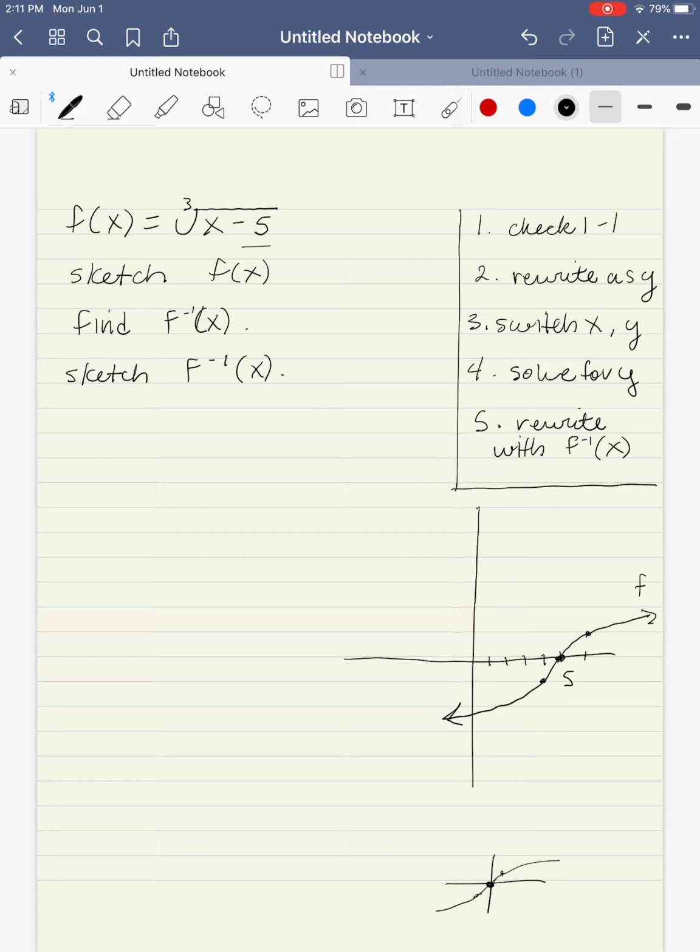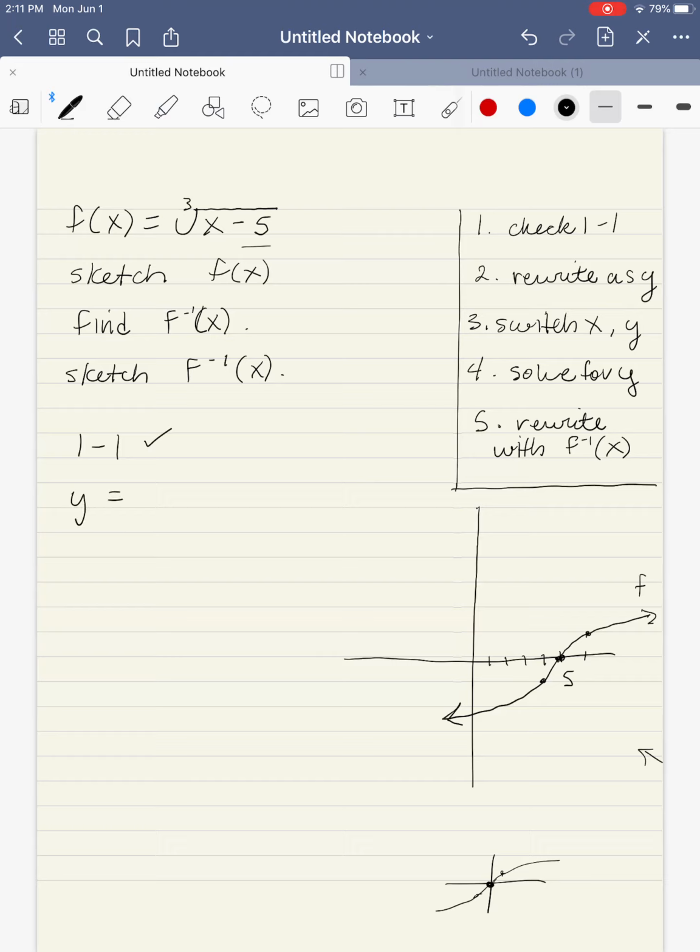Now I'm going to do the part where I find the inverse function, f inverse of x. My first step is to check if it's 1 to 1. And if I look at my graph here, I see it passes the vertical line test and the horizontal line test, so yes, it is 1 to 1. So that's my first step. If it is not 1 to 1, I cannot find an inverse at all.